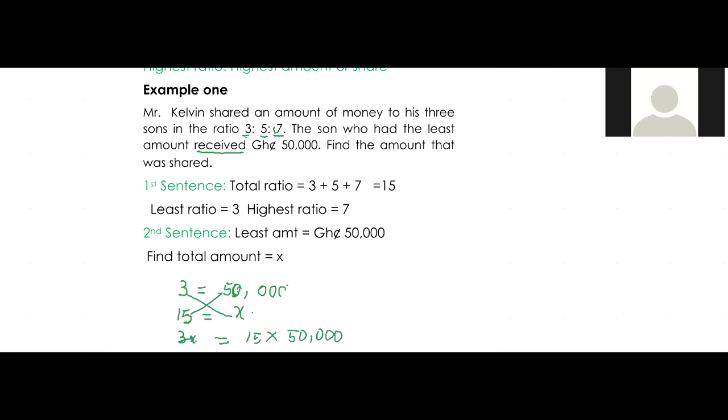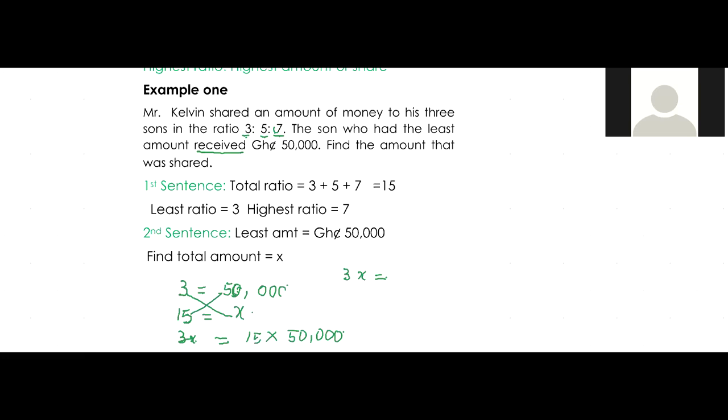Okay, so this is the same as 3X is equal to, so 15 multiplied by 50,000 is 750,000.